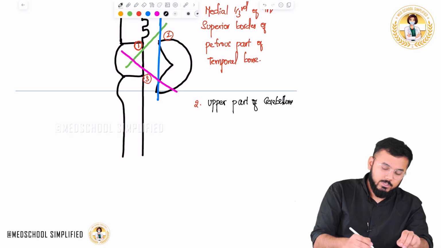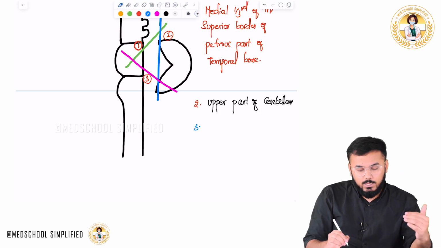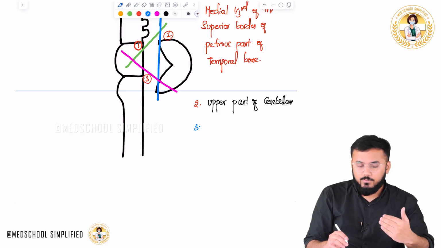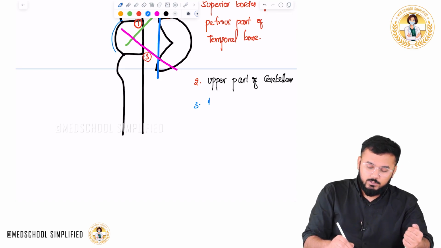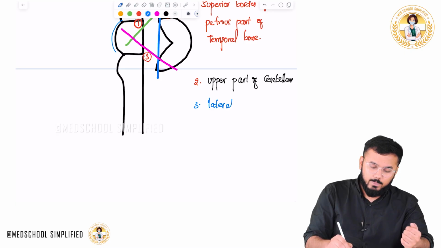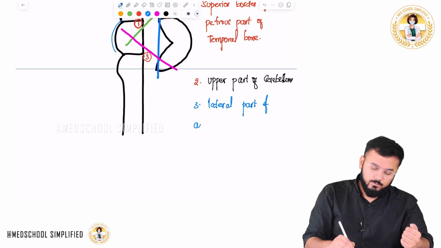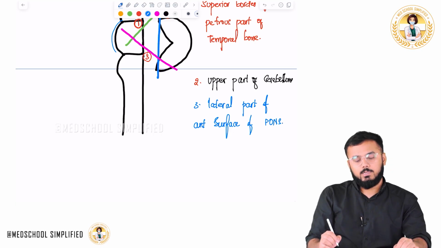Okay, and next, if you look here, the third important line is crossing the lateral part of the anterior surface of the pons. So this is the lateral part and this is the anterior surface. So it is crossing the lateral part of the anterior surface of the pons.